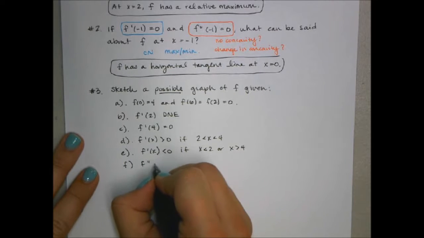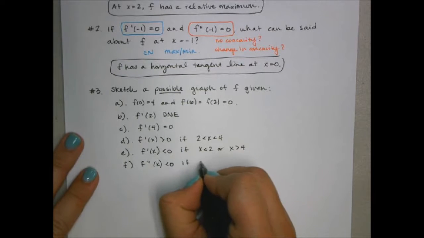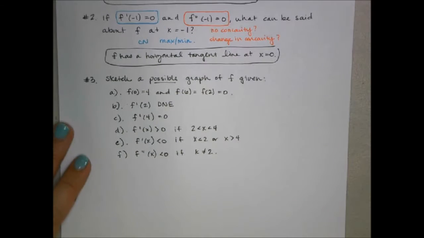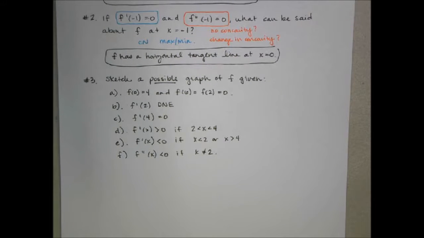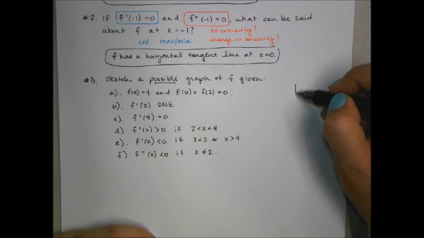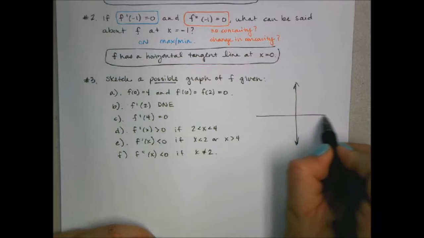And a little information about our second derivative. Alright, so I'm going to use this information to draw a possible sketch. And by possible, I mean there can be some differences between your graph and my graph or each other's graphs. But some of the characteristics, they'll have to be the same.